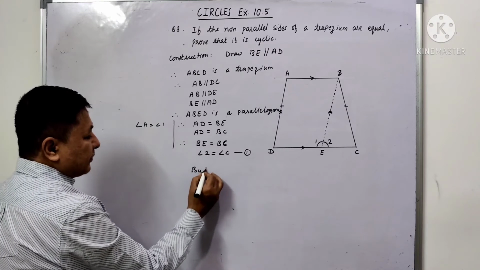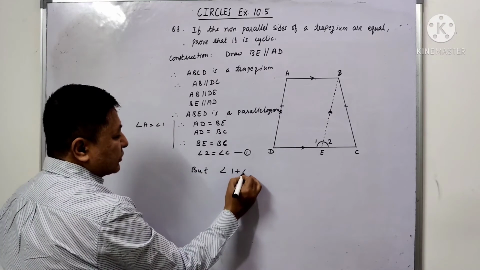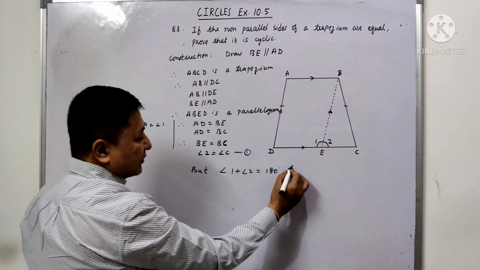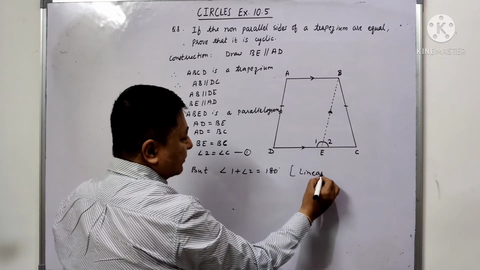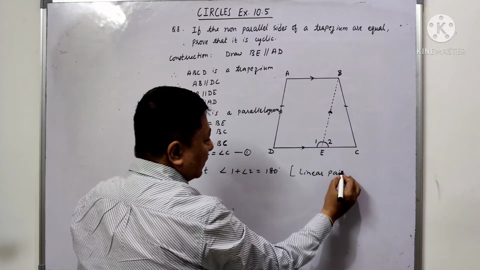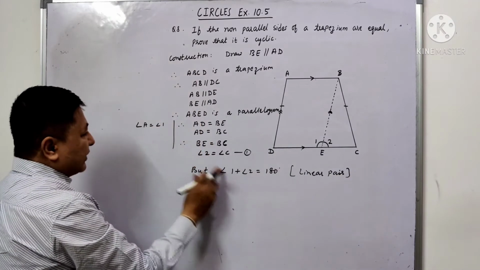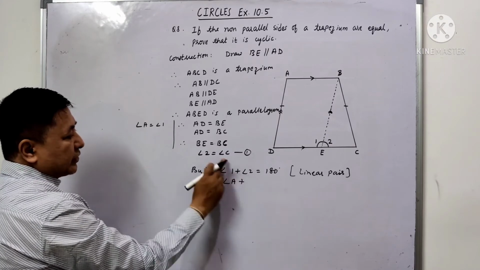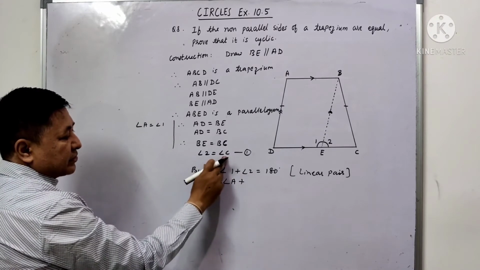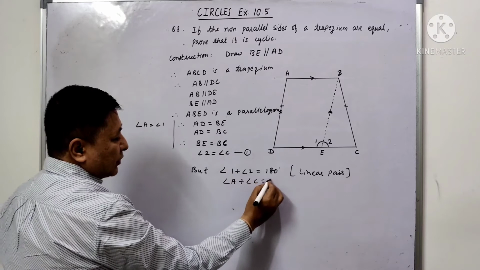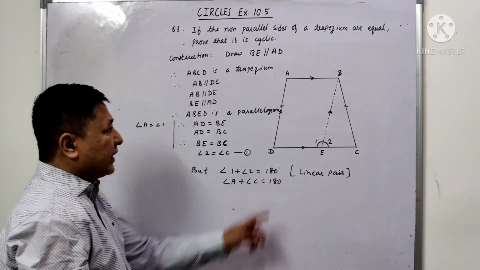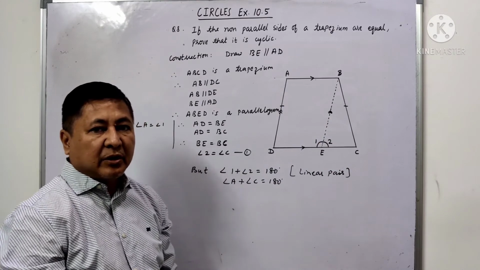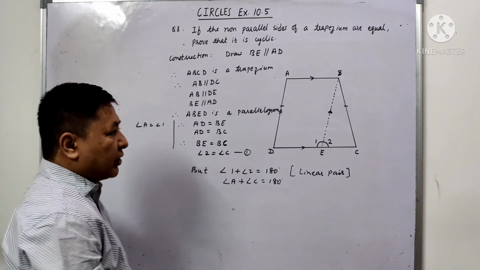Now angle 1 plus angle 2 is equal to 180 degrees, as you can see, they are forming a linear pair. Now angle 1 can be replaced by angle A, and angle 2 can be replaced by angle C. Now we have proved that angle A plus angle C is 180 degrees. These are the opposite angles of a quadrilateral.